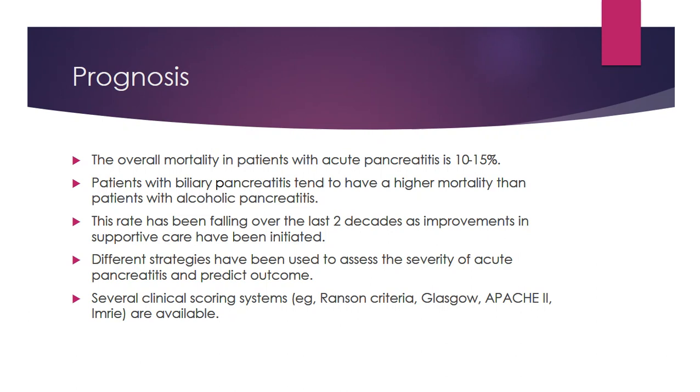Now we move on to prognosis. The overall mortality in patients with acute pancreatitis is about 10%. Patients with biliary pancreatitis tend to have a higher mortality than patients with alcoholic pancreatitis. This rate has been falling over the last 2 decades as improvements in supportive care have been initiated.